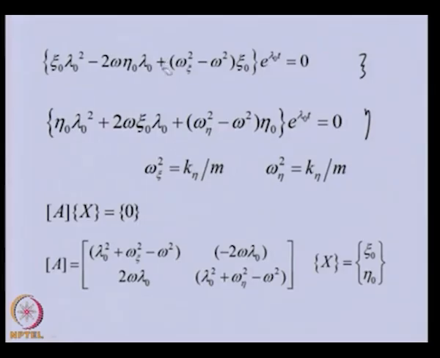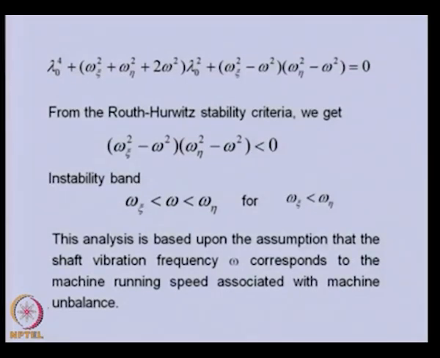So these two equations are put in matrix form, and this is a homogeneous equation. For a non-trivial solution, the determinant of this matrix should be 0, and that gives us a polynomial of this form, a quadratic polynomial in lambda naught square.